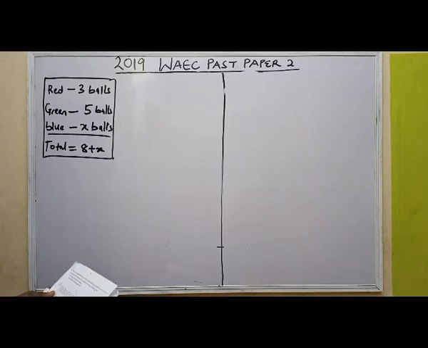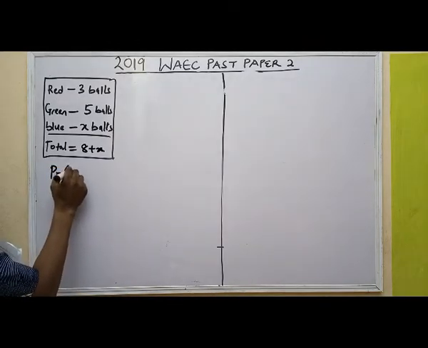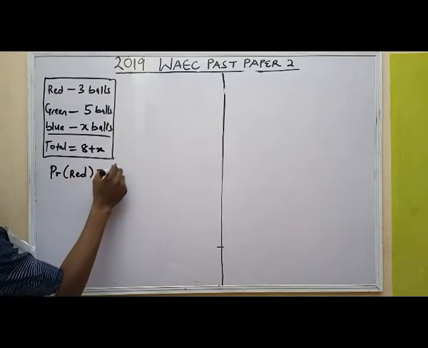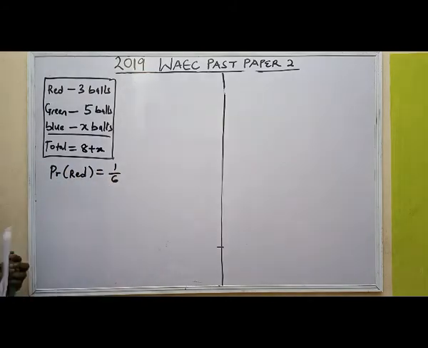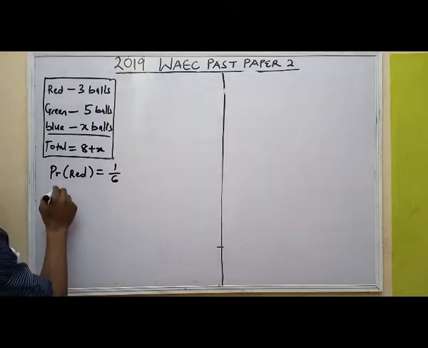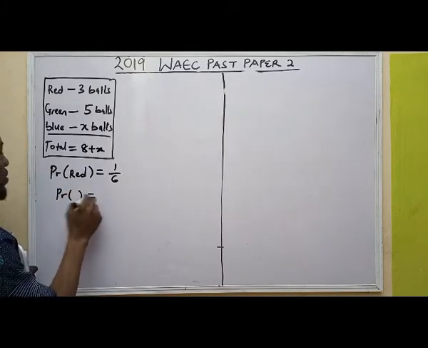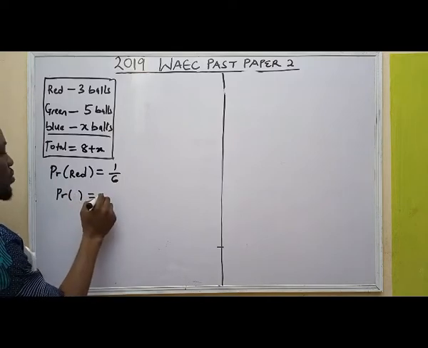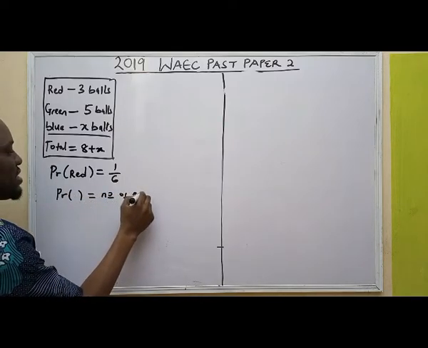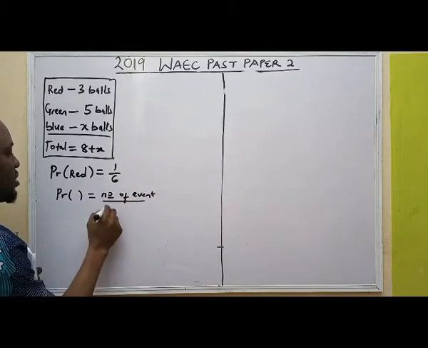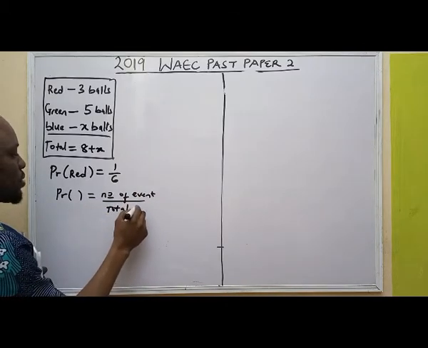Now the question says that the probability of picking a red ball is 1/6. Probability of an event means the number of events divided by the total possible outcome.